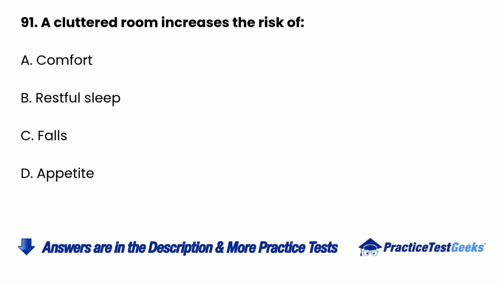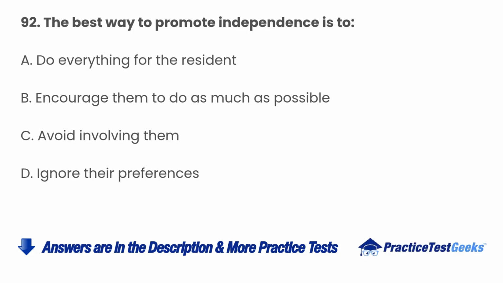B. Restful sleep. C. Falls. D. Appetite. 92. The best way to promote independence is to: A. Do everything for the resident. B. Encourage them to do as much as possible. C. Avoid involving them. D. Ignore their preferences.